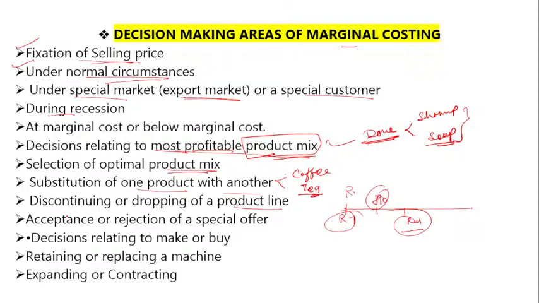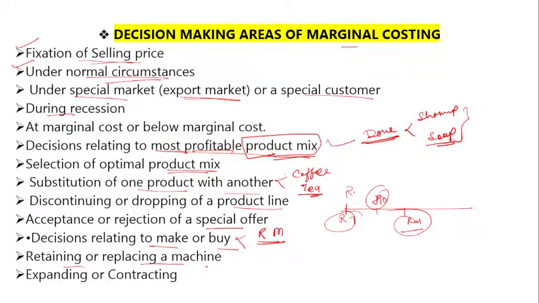Accepting or rejecting a special offer, the company either accepts or rejects the special offer. Decision related to make or buy. Make or buy decision means the company either purchases raw material, or makes the raw material itself for producing a particular finished good.